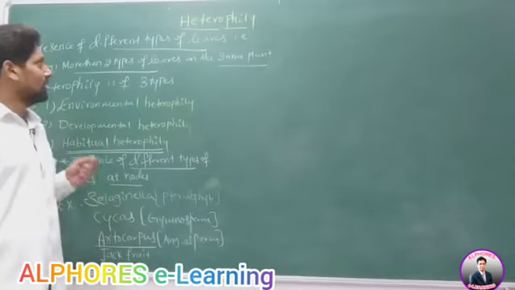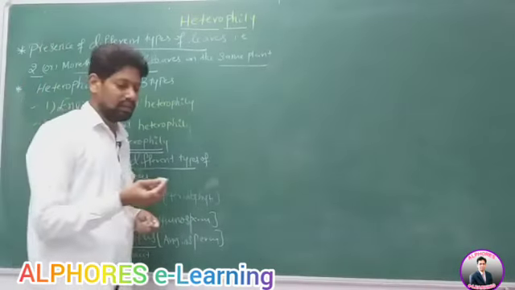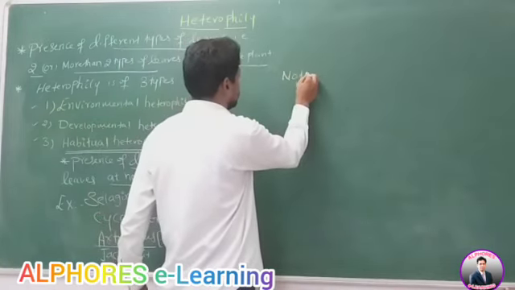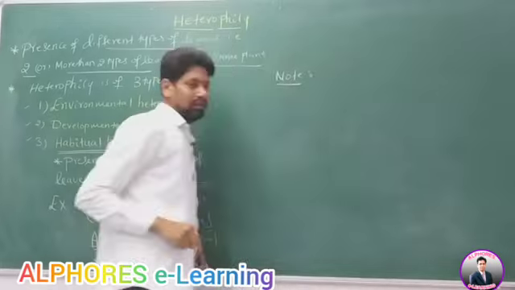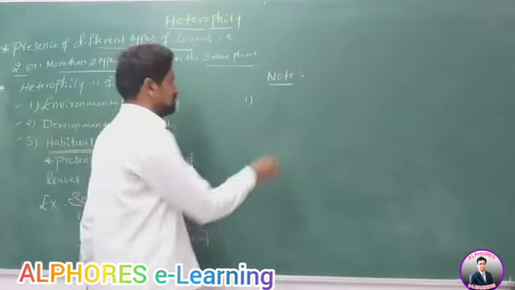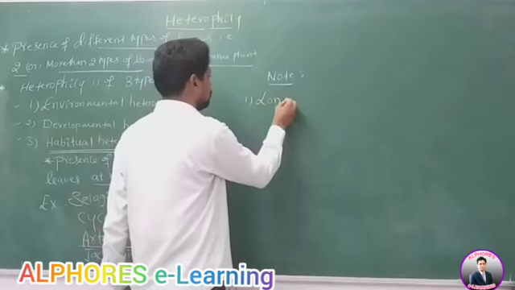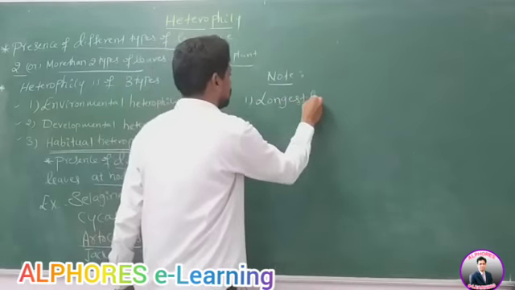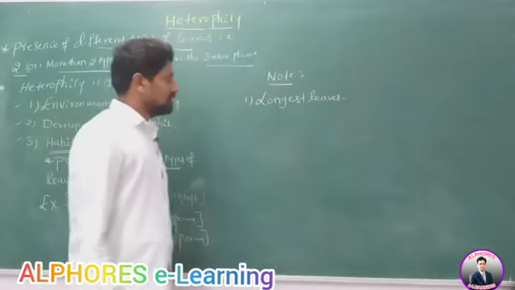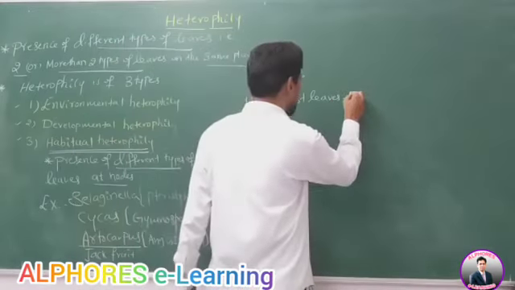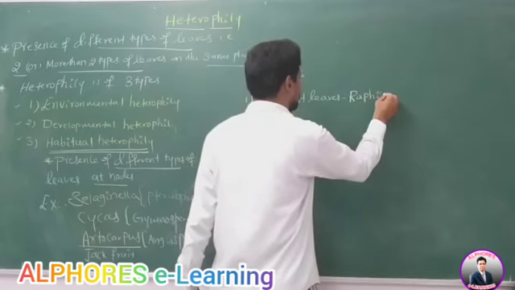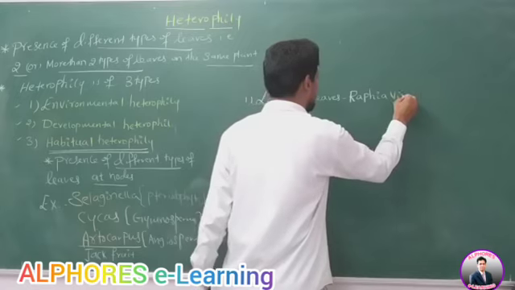Right, this is about heterophily. Now, note, number one, longest leaves. Which leaves, sir? Longest leaves. Longest leaves are present in which plant, sir? Raphia vinifera.